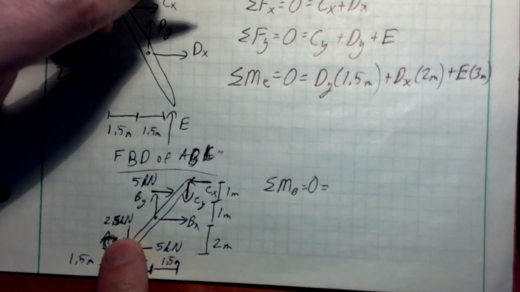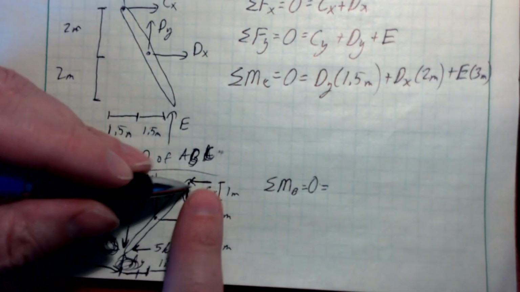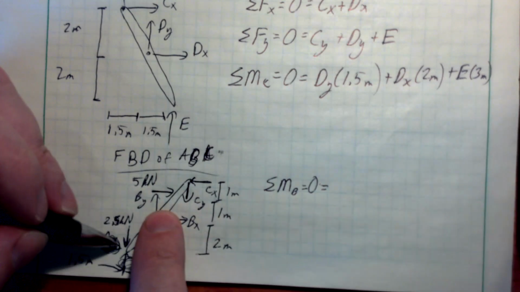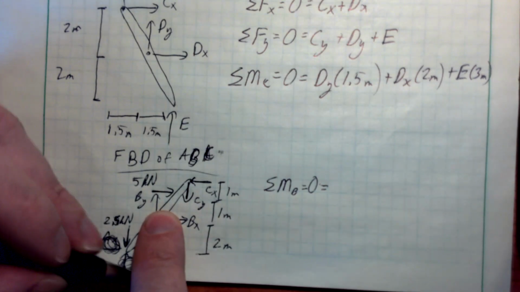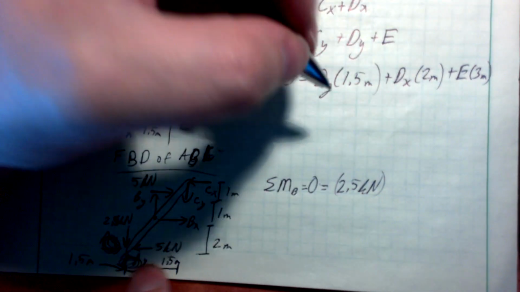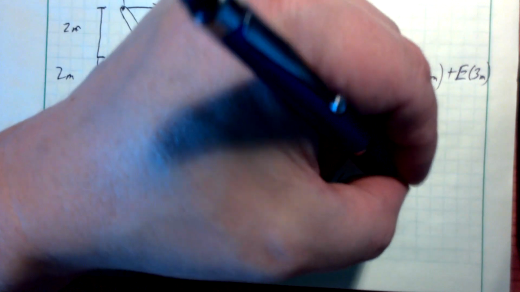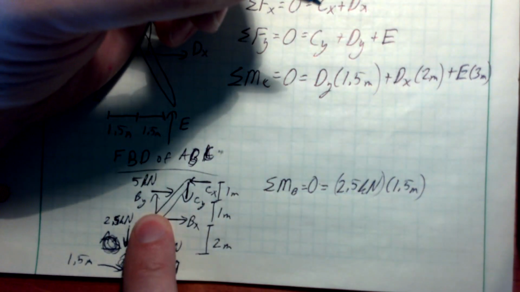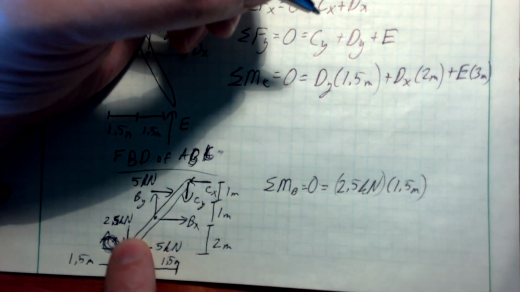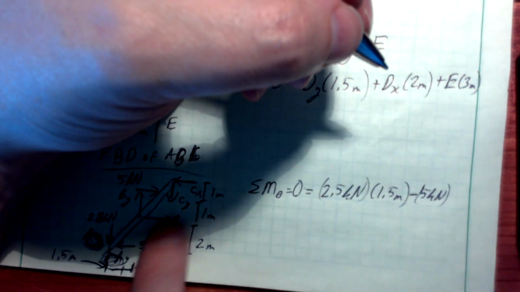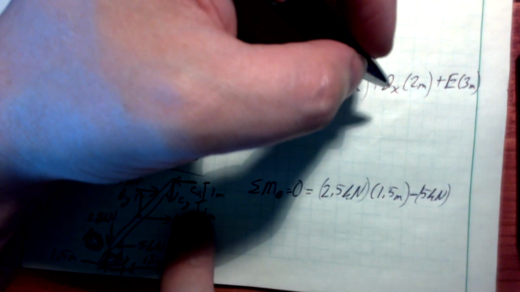If I just start down here and work my way up, this 2.5 kilonewtons, that's AY, is causing a counterclockwise rotation, so it's 2.5 kilonewtons, and that's a distance of 1.5 meters from point B. This is causing a negative or clockwise motion. This is minus 5 kilonewtons, that's AX, and it is acting a distance of 2 meters from point B.